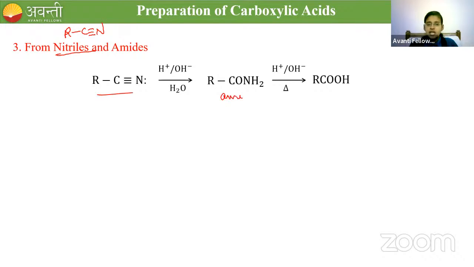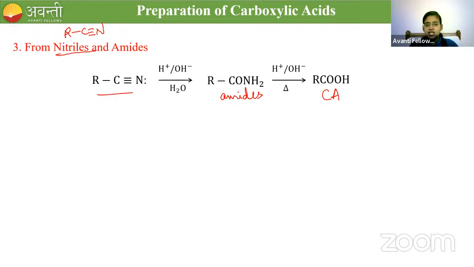RCONH2 is called amide. If you still hydrolyze the amide in presence of heating, you will get the carboxylic acid.